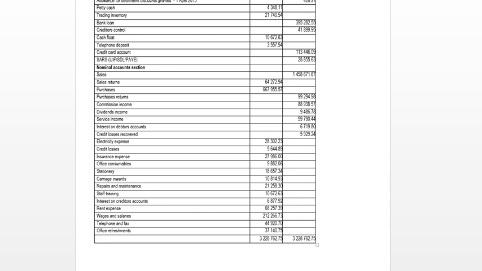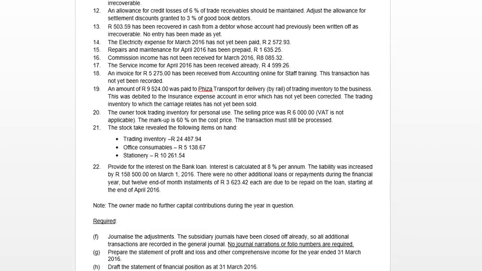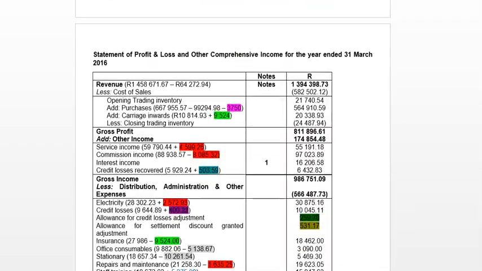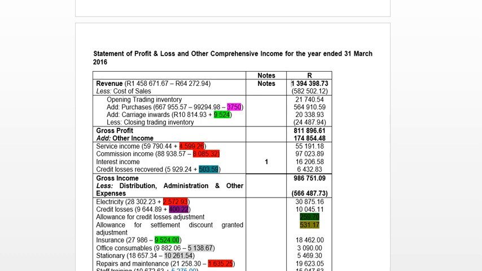What we also need to subtract is our settlement discount granted, but in this question we didn't have any settlement discount granted. So we're just going to say sales less sale returns. So our total revenue is 1,394,398.73.